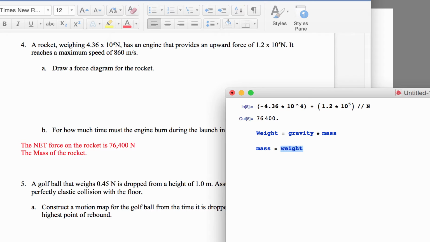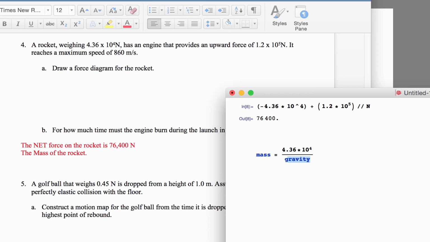And in this case, what is the mass of the rocket? We don't know. That's why we did the algebra to get this equation. And the weight of the rocket is 4.36 times 10 to the 4th.